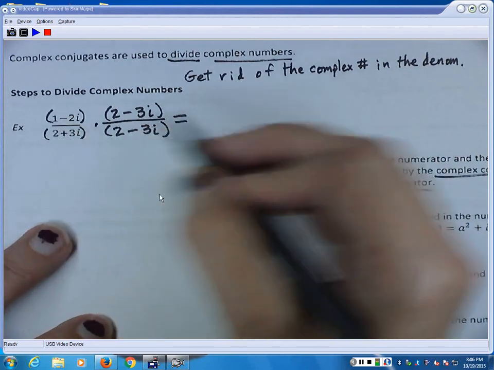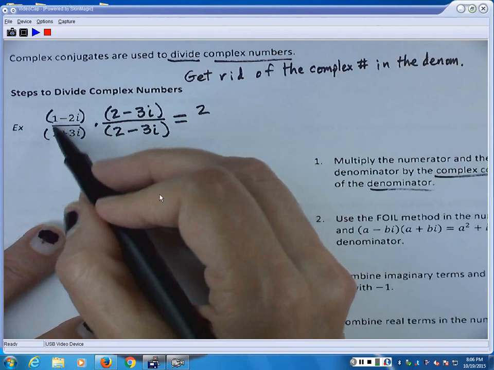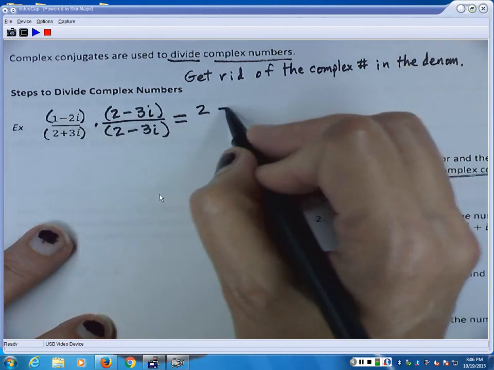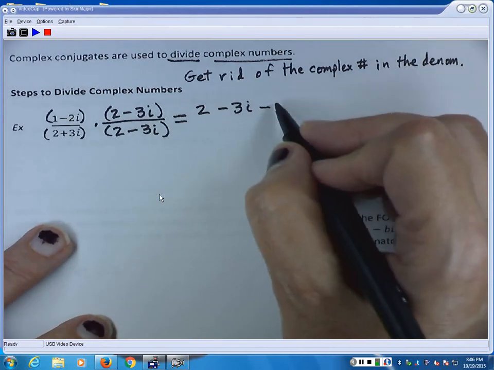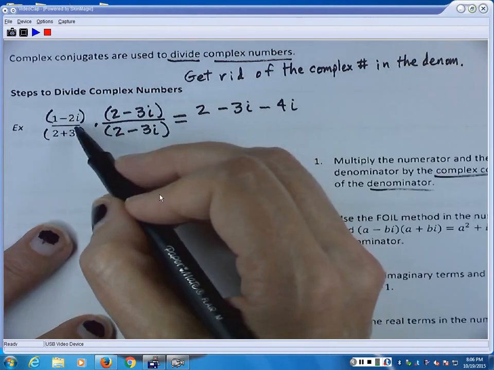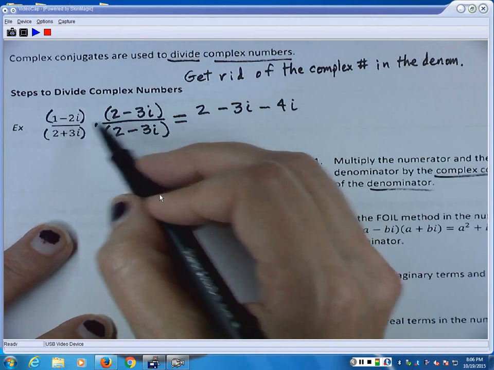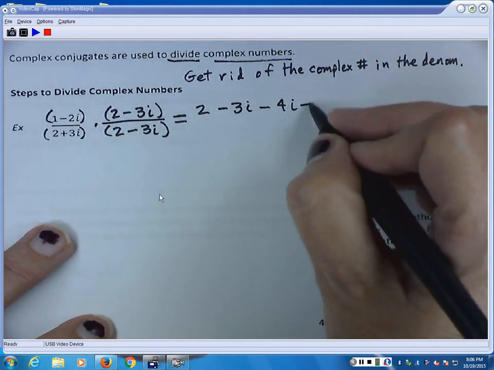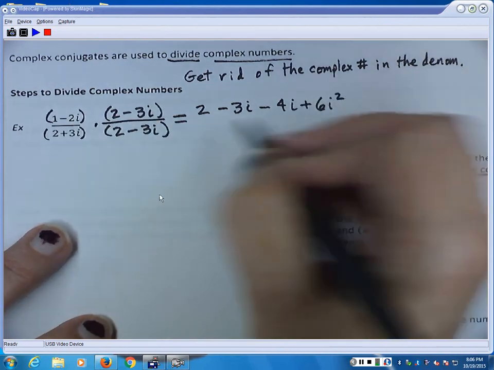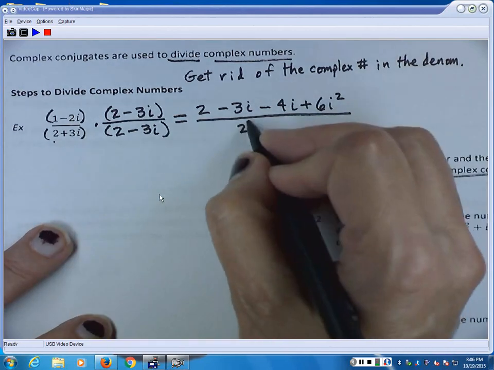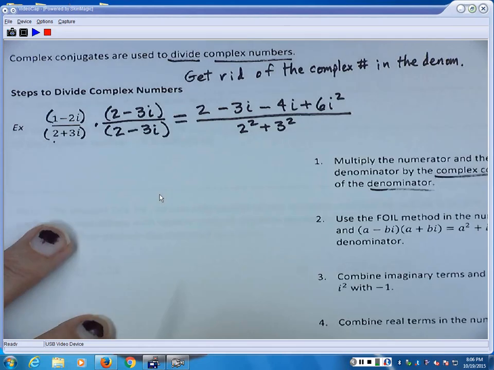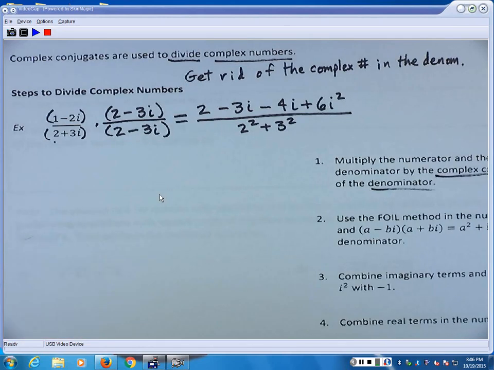It's 1 times 2 is 2. 1 times negative 3i is minus 3i. Minus 2i times 2 is minus 4i. Minus 2i times minus 3i is plus 6i squared. Then we're going to divide by 2 squared plus 3 squared. You could FOIL that out, but it's just a lot more work. It's easier to memorize that.